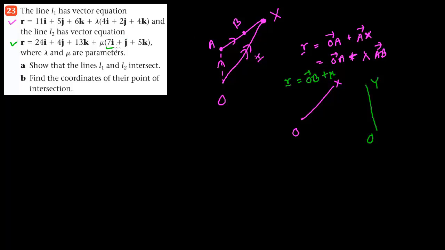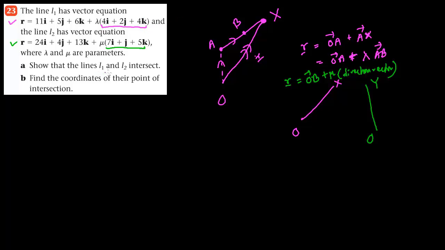Notice the direction vector over here is different from the direction vector over here. So that direction vector is going to be different, and the scalar, how long that is, we're going to be using some other direction vector. So let me call this simply the direction vector.